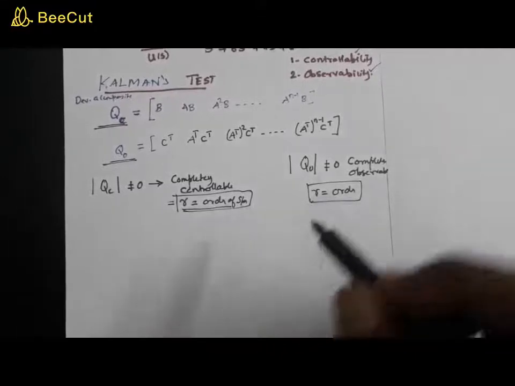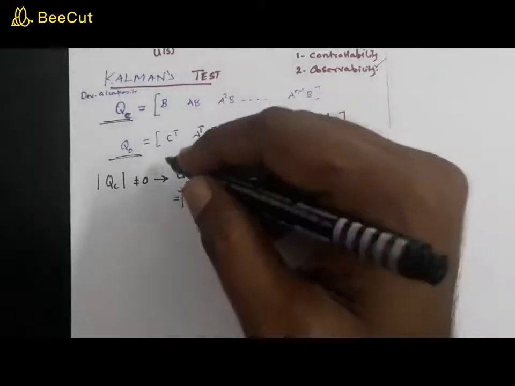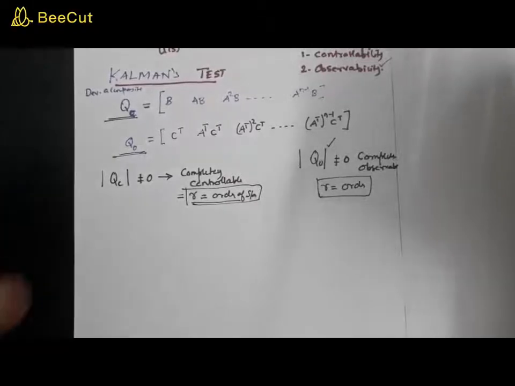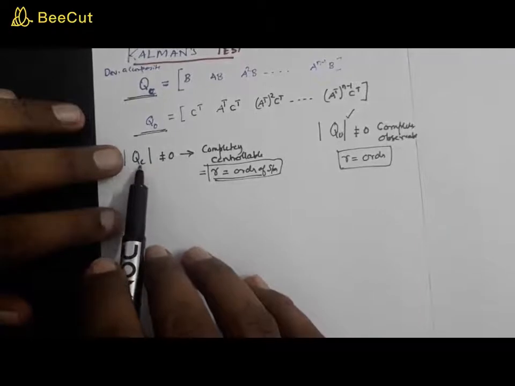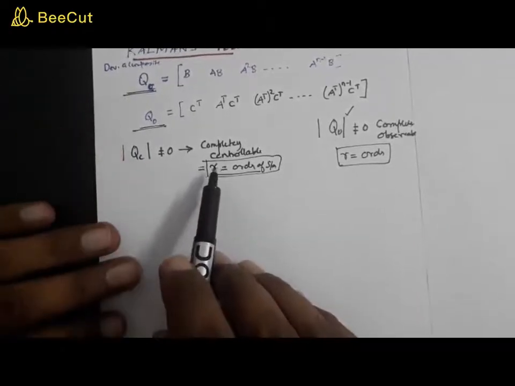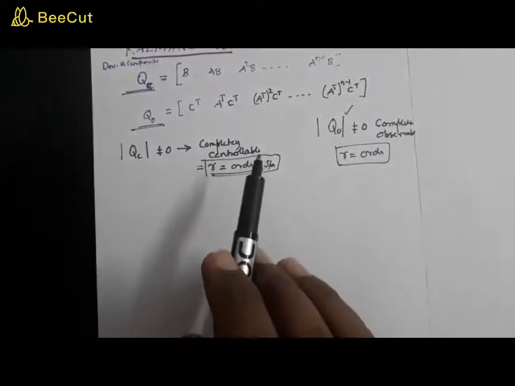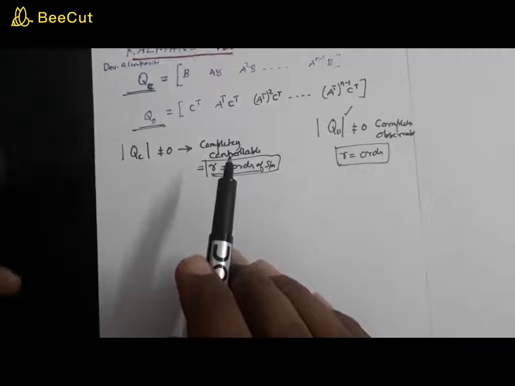So for the rank to be equal to the order of the system, the requirement is that the determinant of these two should not be zero. Now if, for example, QC is equal to 0, that means the rank of this matrix is less than the order of the system. That's all we need to know.